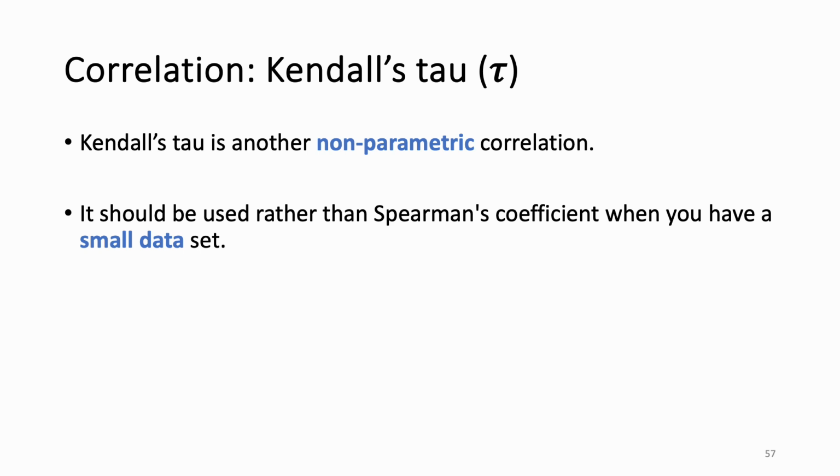So that's similar to Spearman correlation test. But you should use the Kendall's correlation instead of Spearman's coefficient when you have a small data set. So when the sample size is small and you do not have too many samples in your data set.